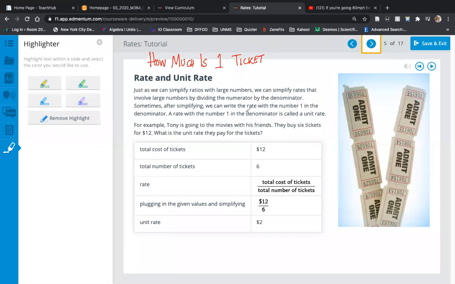So for this next scenario, somebody goes and buys 6 tickets and spends $12. So I know how much 6 tickets cost, but you want to try to figure out how we work backwards to figure out the price of just one of those tickets.